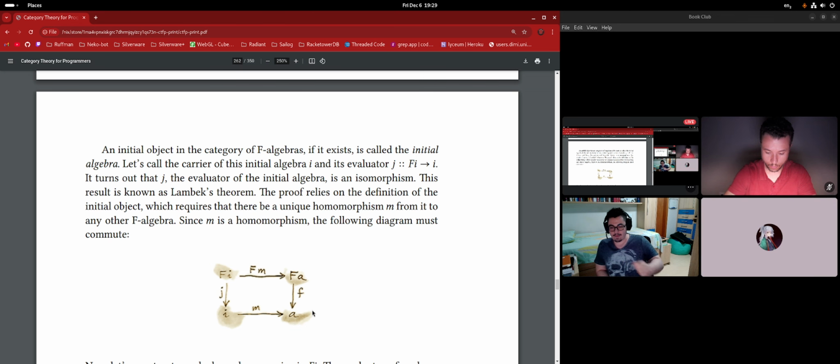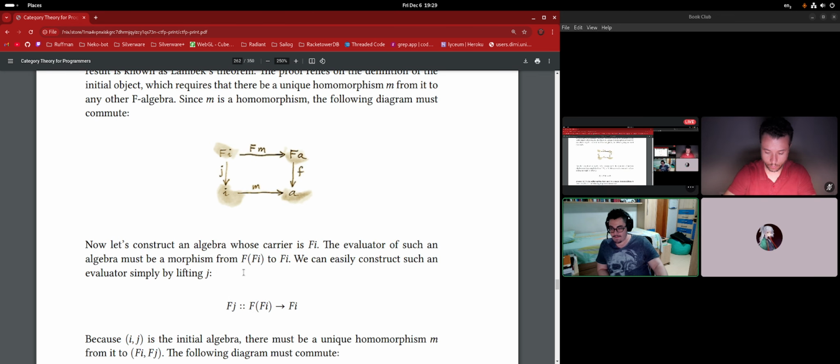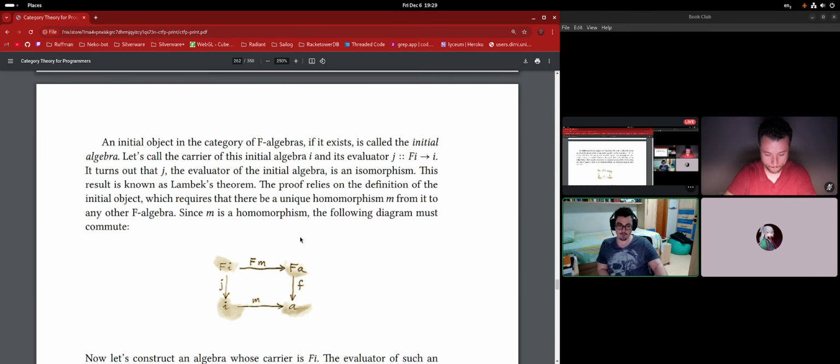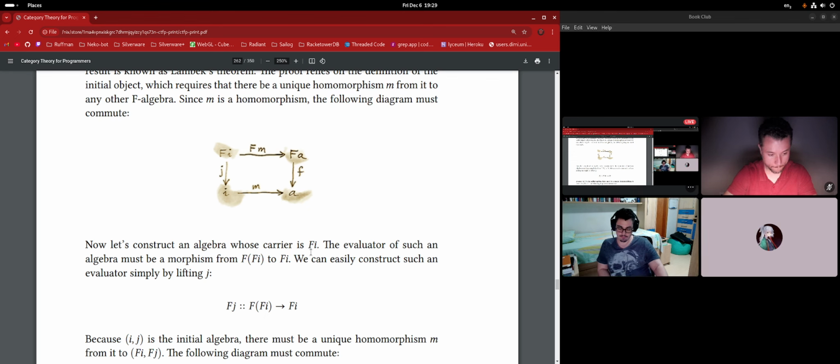Now let's construct an algebra whose carrier is FI. So we know we did the carrier as I, and now we want the carrier to be FI. The evaluator of such an algebra must be a morphism that unpeels one F, basically. You can easily construct such an evaluator simply by lifting J. That makes total sense.